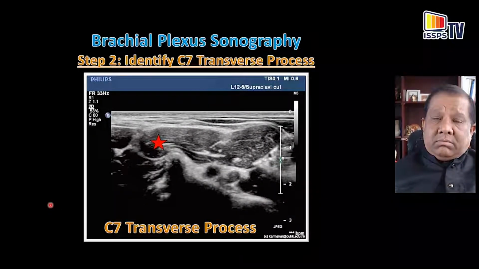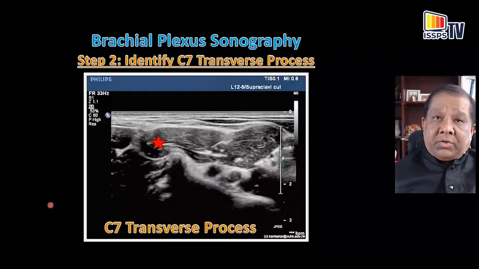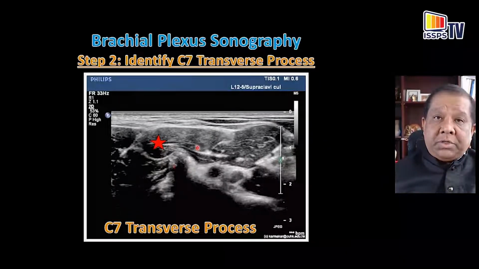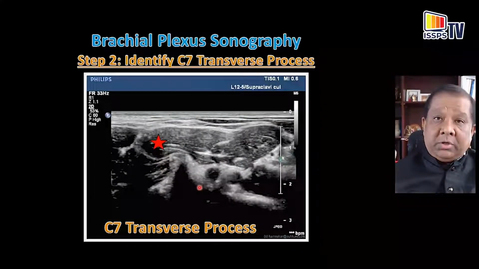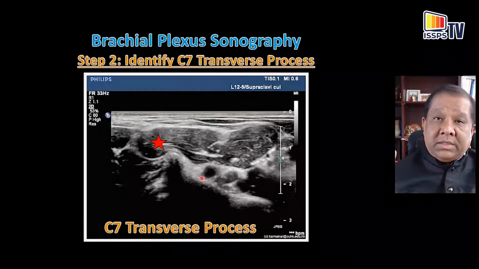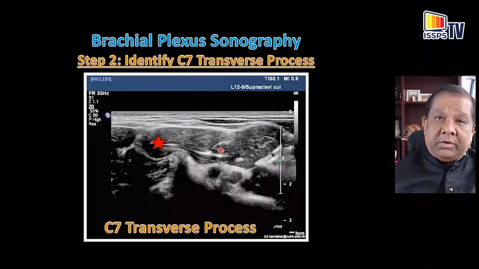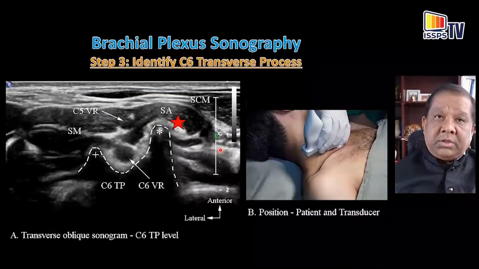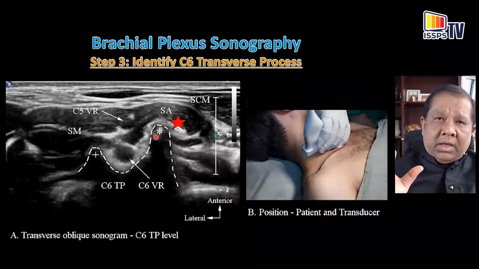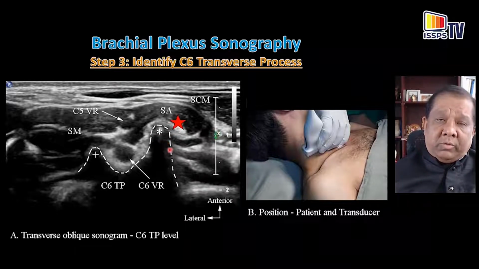Second, you translate the transducer slightly cephalad to identify the C7 transverse process, which has a single posterior tubercle, and anterior to that lies the C7 ventral ramus, with the C6 lying contiguous and cranial to that position. Cranial to the C7 transverse process, the C6. The C6 also has a very pathognomonic, very typical sonomorphological feature.